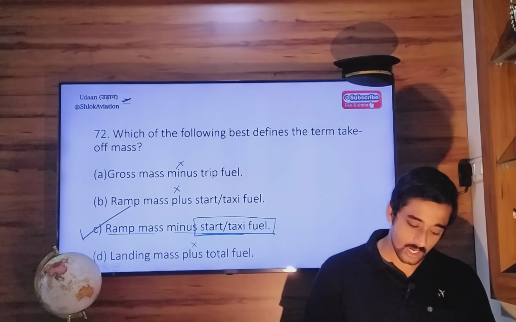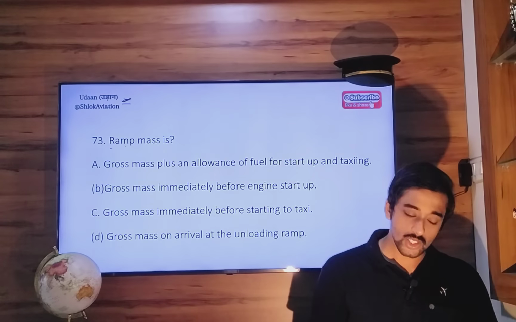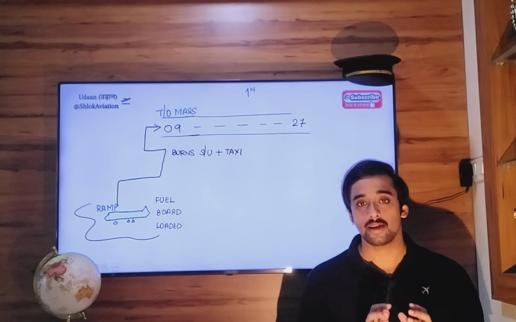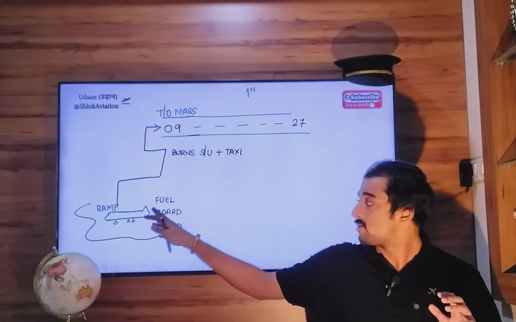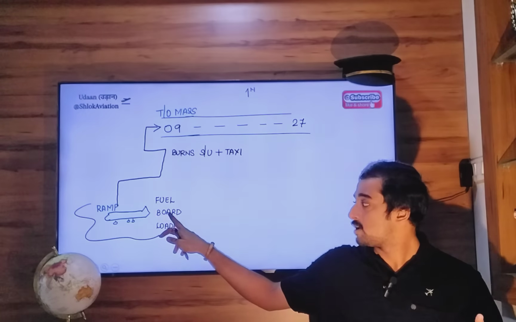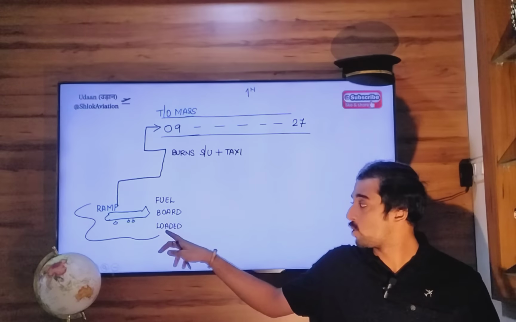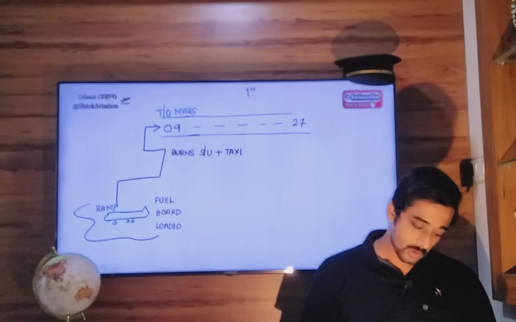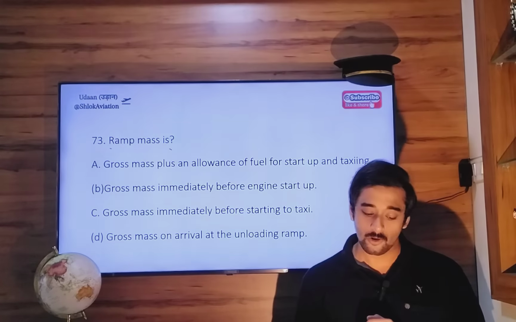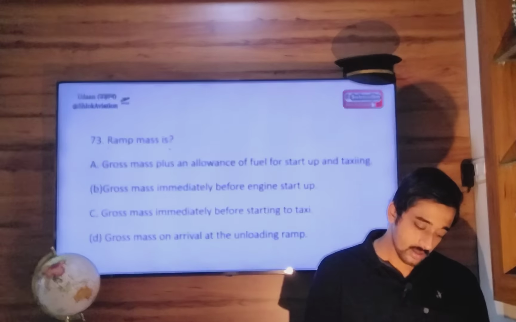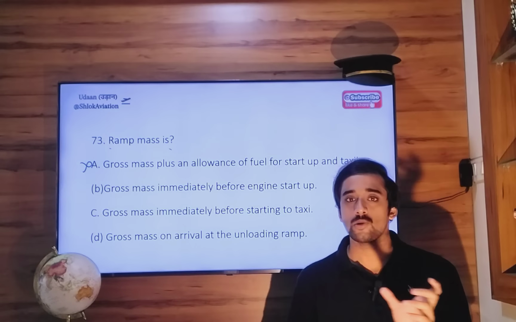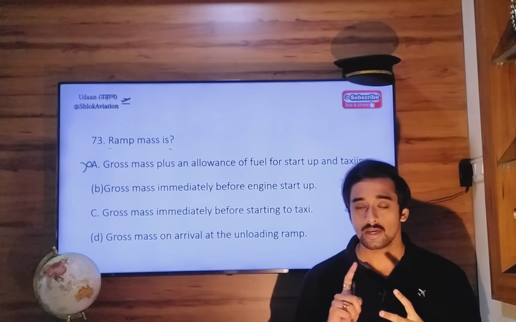So 72 Charlie. Ramp mass is what? Like I said here, ramp mass is the mass of your aircraft in the very beginning when it is parked, where fueling happens in the fuel tanks, passengers start boarding your aircraft, cargo is loaded, etc. So ramp mass is gross mass, the total mass, plus an allowance of fuel for startup and taxi. That's wrong. This ramp mass is inclusive of all fuel components, like startup and taxi fuel, takeoff fuel.